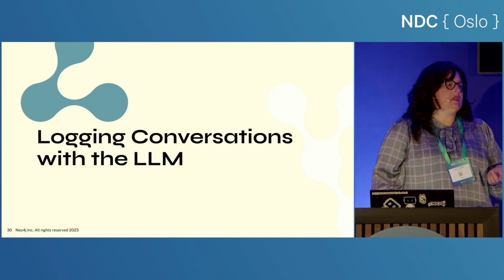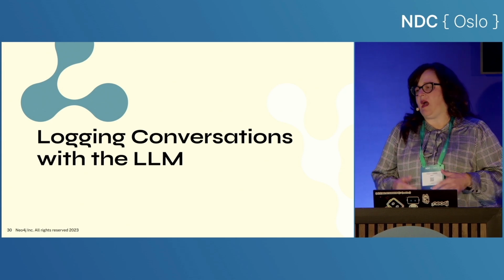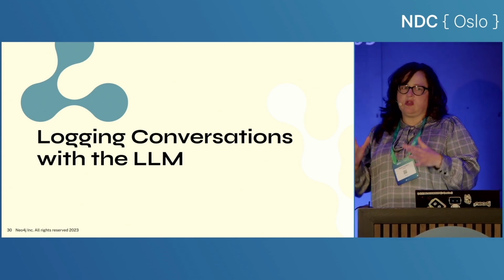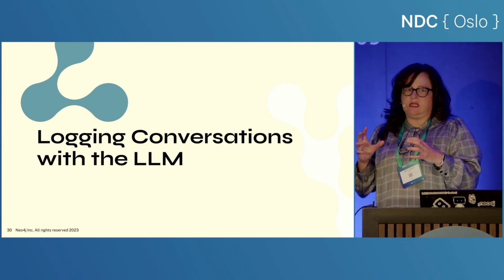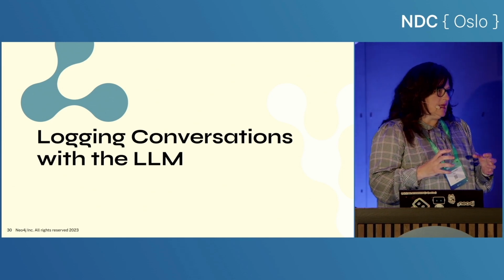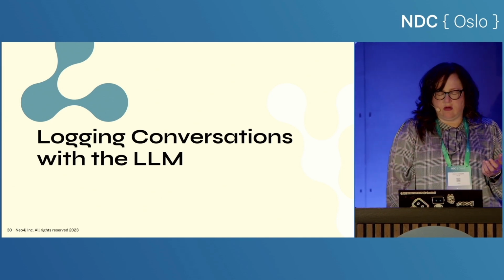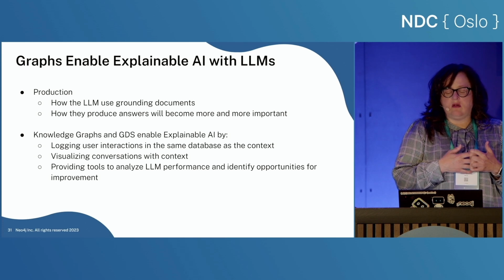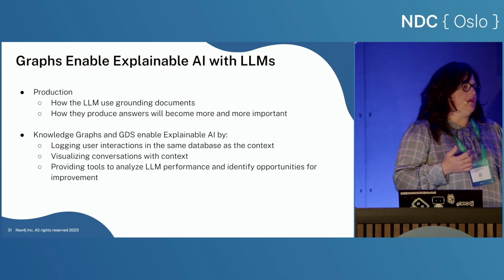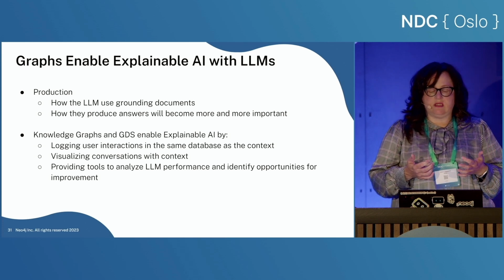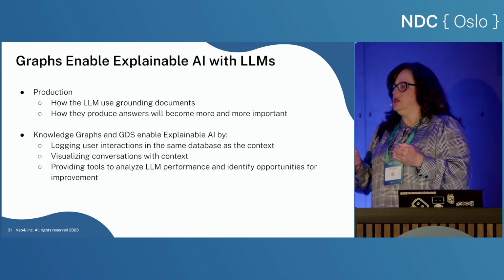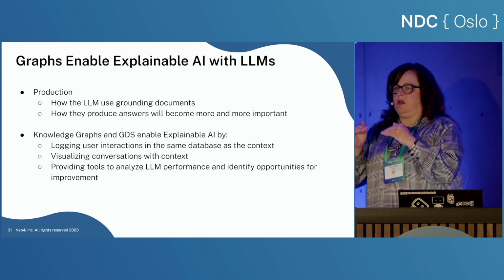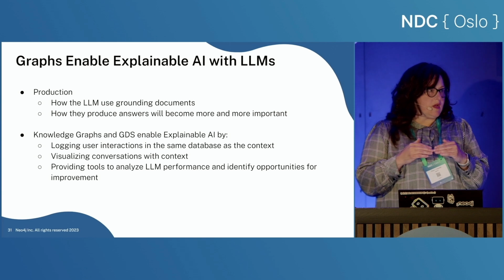So one of the other things we want to talk about is actually logging the conversation. So we're at a point where we've got a really good data set. It's nice and tidy. But what can we actually learn from logging the conversations with the LLM? So graphs enable explainable AI with your LLMs. What it will allow us to do is say, okay, we had this particular question.